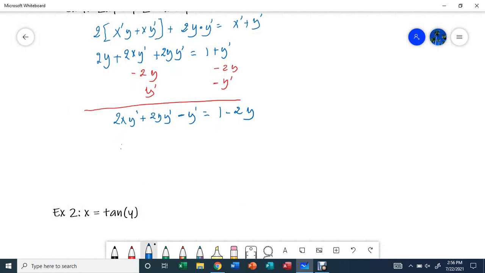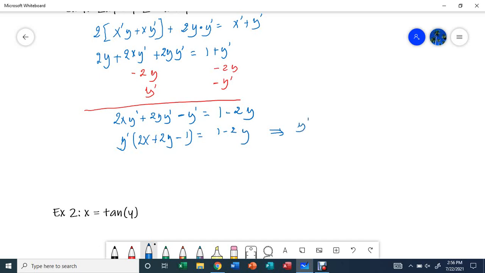So y prime times 2x plus 2y minus 1 equals 1 minus 2y. Now dividing both sides by 2x plus 2y minus 1 gives me y prime.